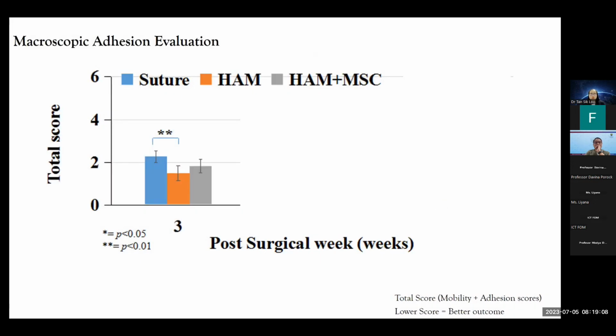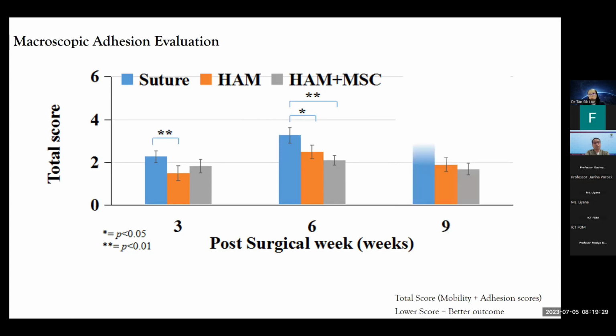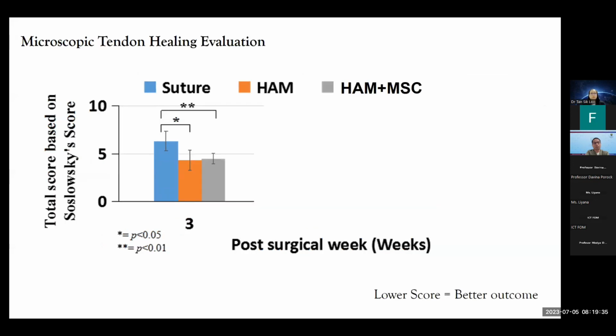And from the microscopic adhesions evaluation, based on the Tang scores for adhesions to assess whether adhesions occur in the repaired tendon, there is a significant reduction in the adhesions score in the HA or MSC-seeded HA treated group at 6 weeks and at 9 weeks post repair.